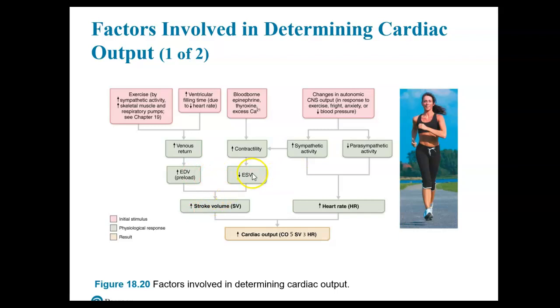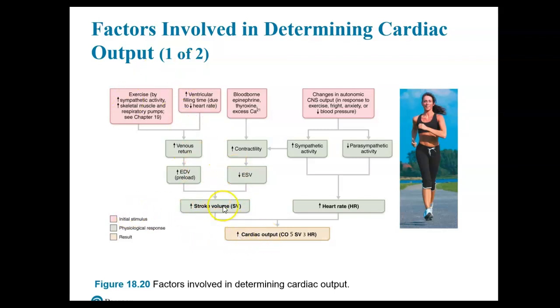And then the end systolic volume, ESV, is the amount of blood after your heart has contracted. So increased EDV is going to increase stroke volume, and decreased ESV, so the less blood you have left in your heart after contraction, is going to mean you have an increased stroke volume.